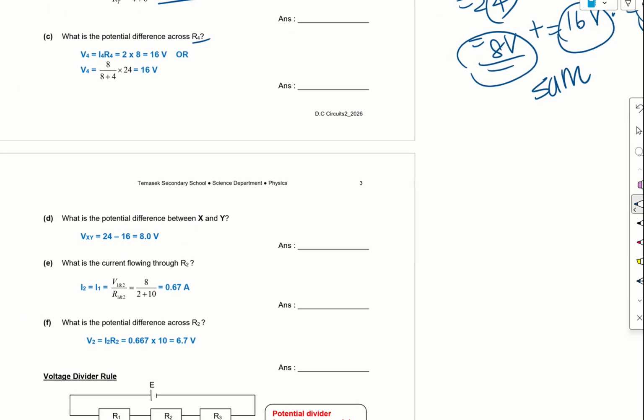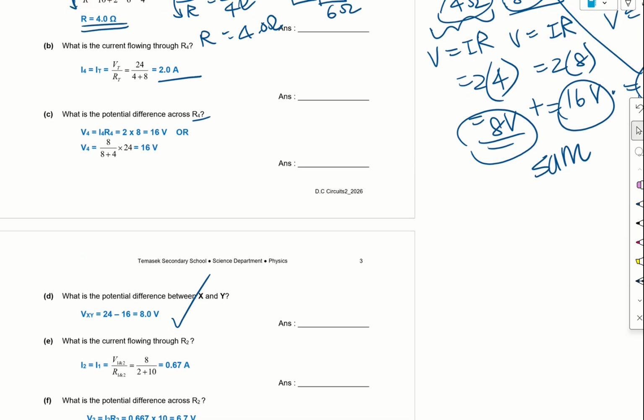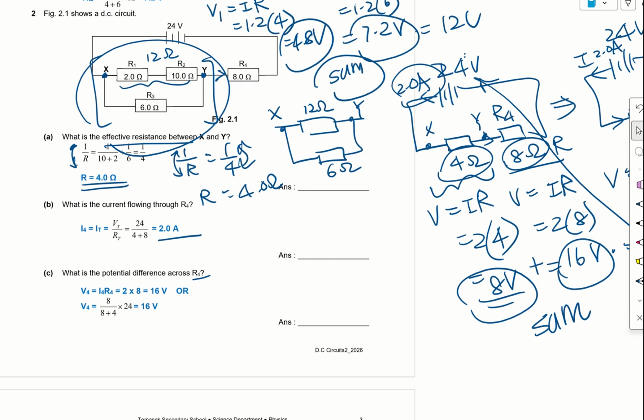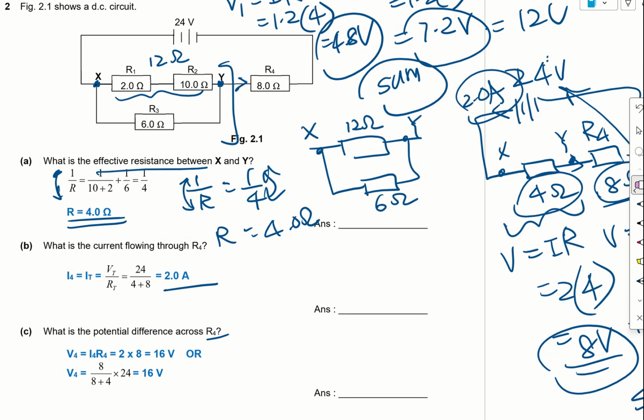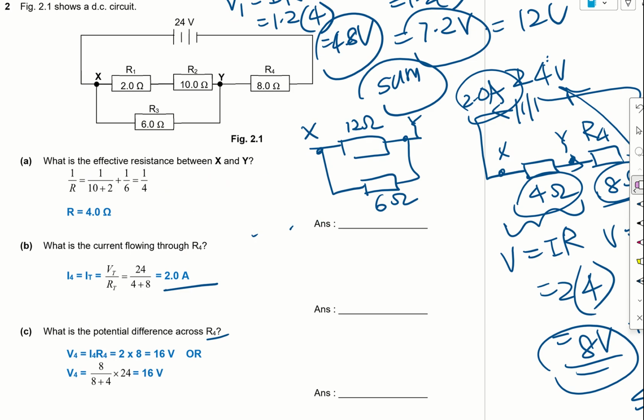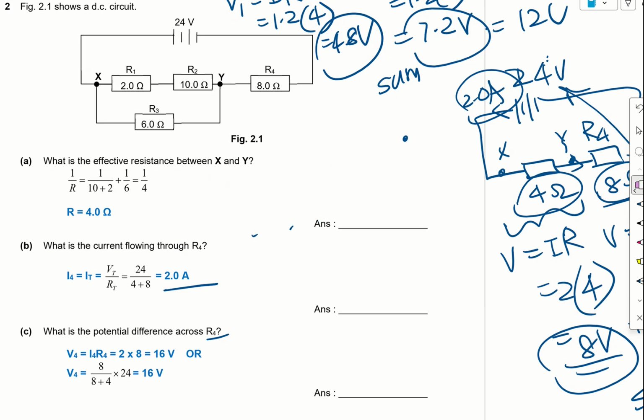Okay. Now what's the current flowing through R2? Where's R2? Okay, maybe I clean this up a bit. Okay, but we had a lot of information from the redrawn circuit, so we'll put them in here. We know that the potential difference across XY is actually 8 volts, right?